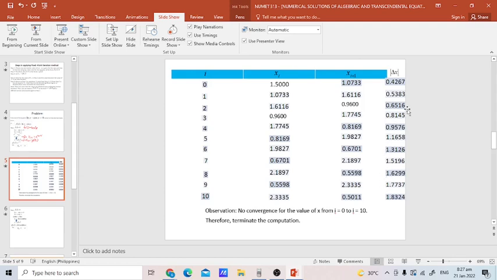Nagda-diverge yung difference. Kasi dapat, ang delta x na yan ay mag-approach ng 0. Hindi siya nag-approach ng 0. Observation, no convergence for the value of x from I equals 0 to I equals 10. Therefore, terminate the computation. Doon sa step yan.